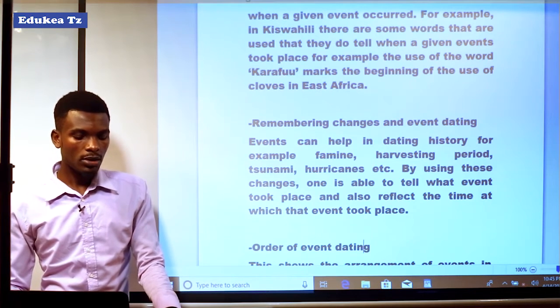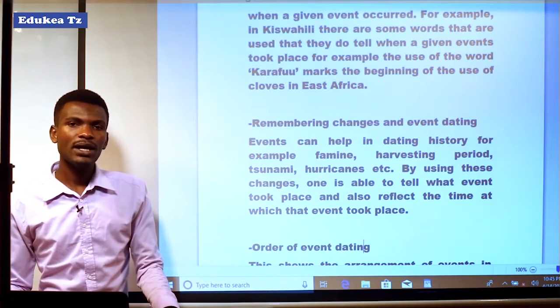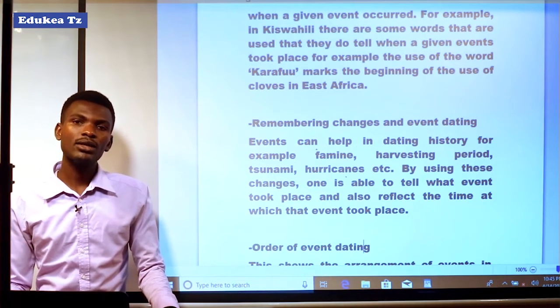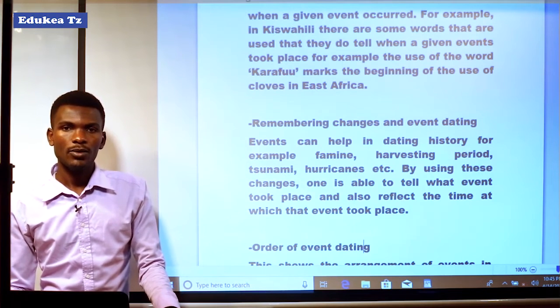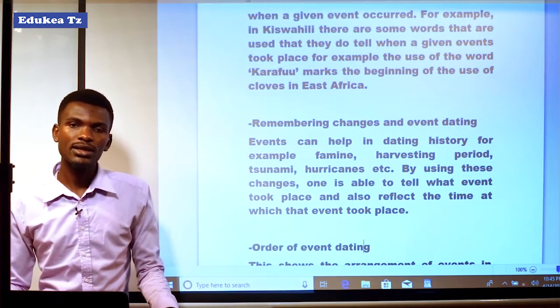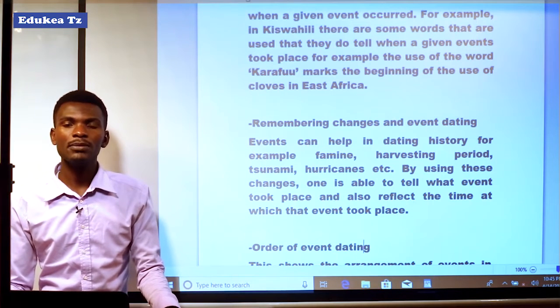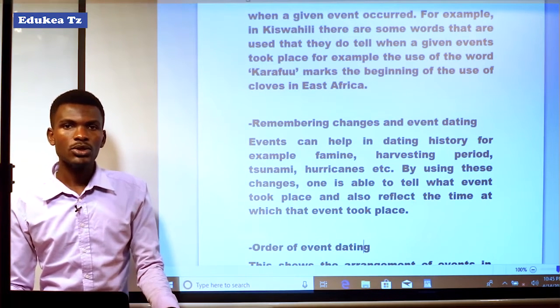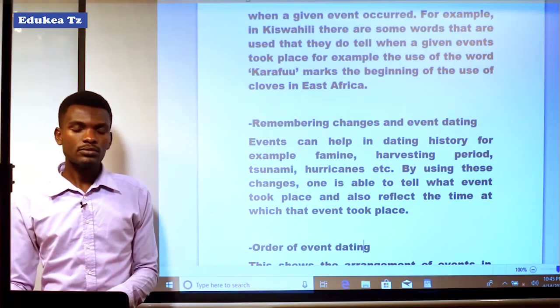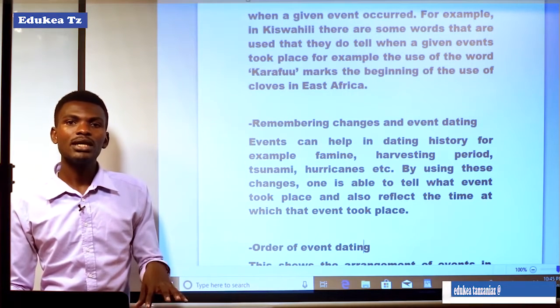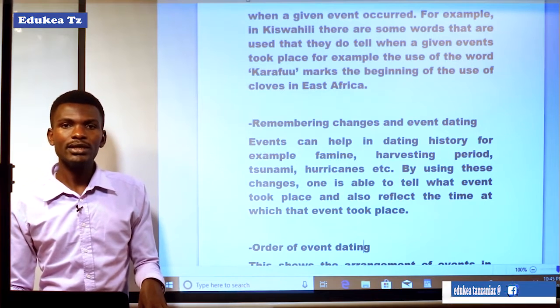For example, by remembering the Kagera War between Tanzania and Uganda, when Mwalimu Julius Kambarage Nyerere fought the war with Idi Amin Dada of Uganda, you can trace that the event took place in 1978.